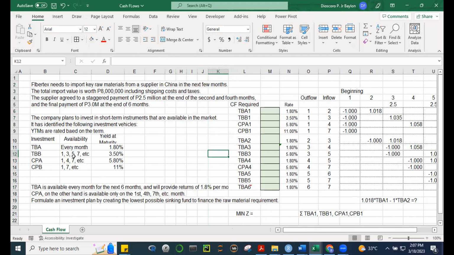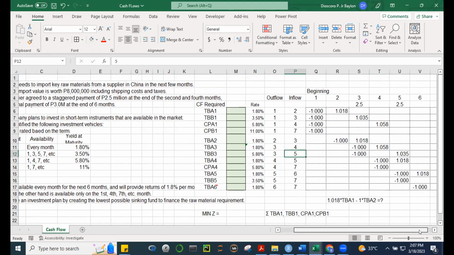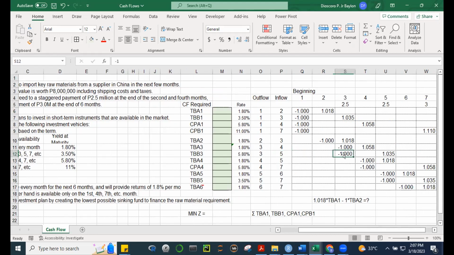Okay, it's TBB, that's 3.5%. So where am I? Third and fourth. Okay, this is third and fourth. Is that TBB? No, sorry. Third and fifth. Third and fifth. Okay. Now, did I commit any mistake here? You were referring to this 1.01.